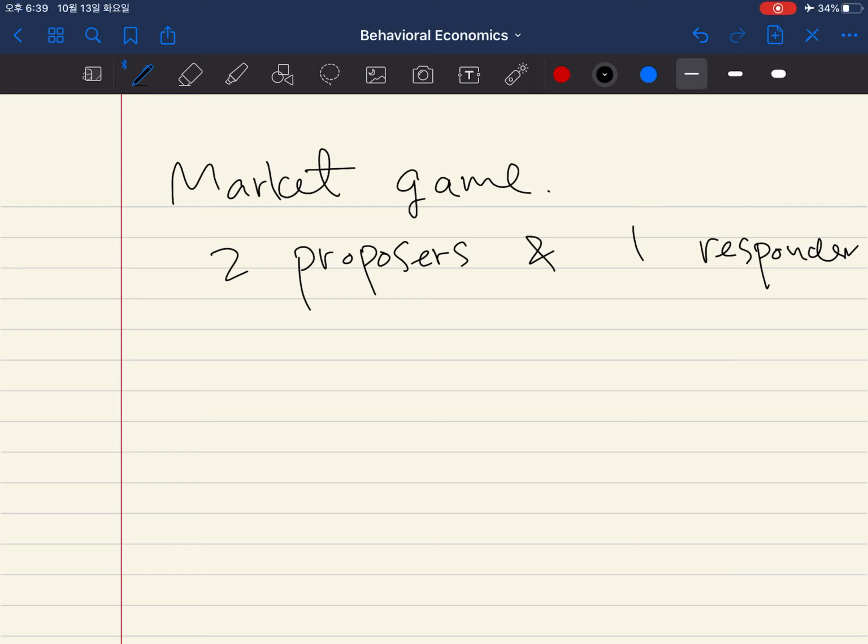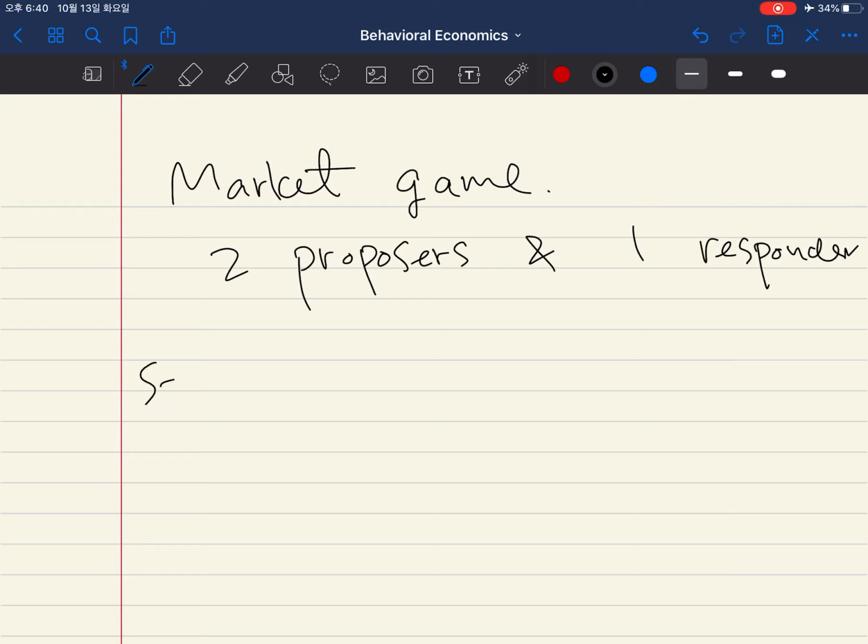In ultimatum game experiment, we typically find the proposer offers less than half, and it is often accepted and rejected by responder. But in market game experiment, we typically find that proposers offer a lot of resource to responder. And oftentimes, researchers find that two proposers offer almost the entire surplus to responder.